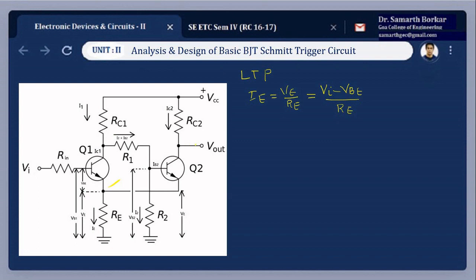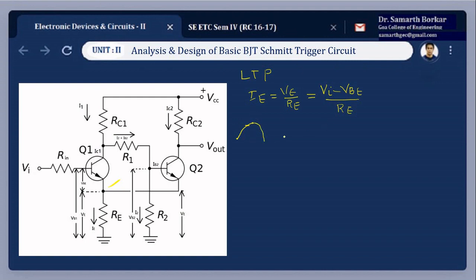Now try to understand this sequence of events. We started with Vi equal to 0, then Vi begins to increase. At some particular voltage, the transistor Q1 becomes on and goes into saturation, and that is what is referred to as the upper trigger point. Now the input signal starts to decrease.